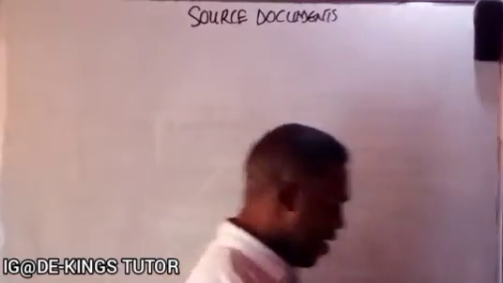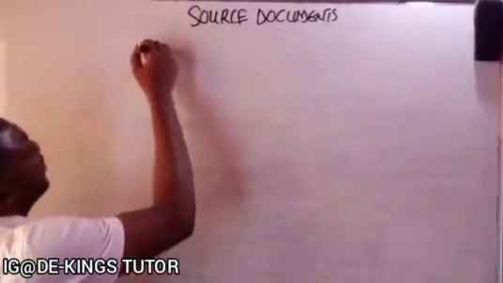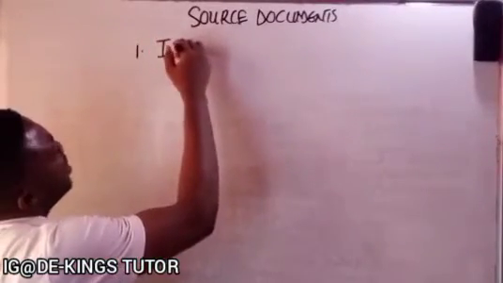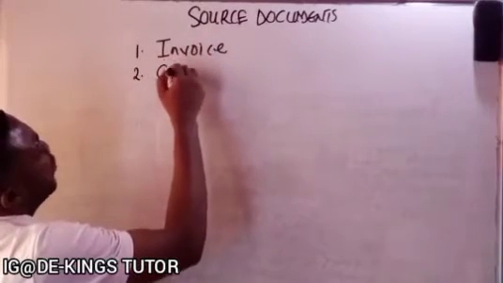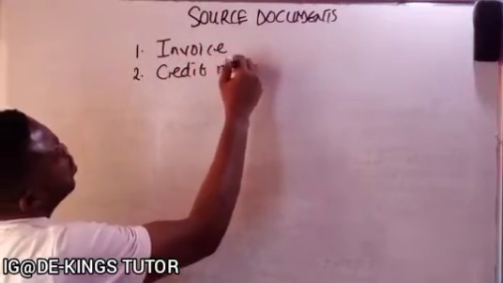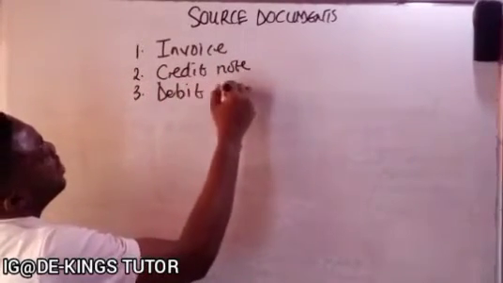Okay, so we have different aspects of the source document. Now we have what is known as the invoice. We have what is known as the credit note. We have what is known as the debit note.